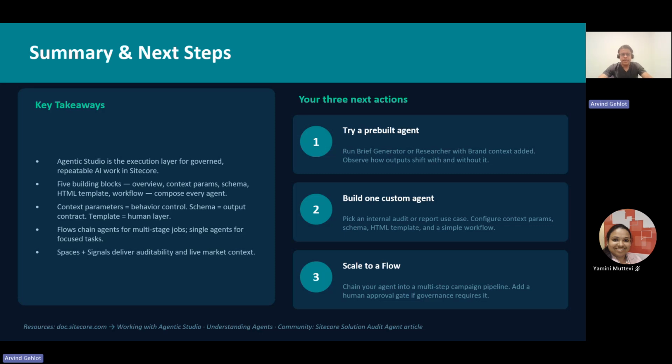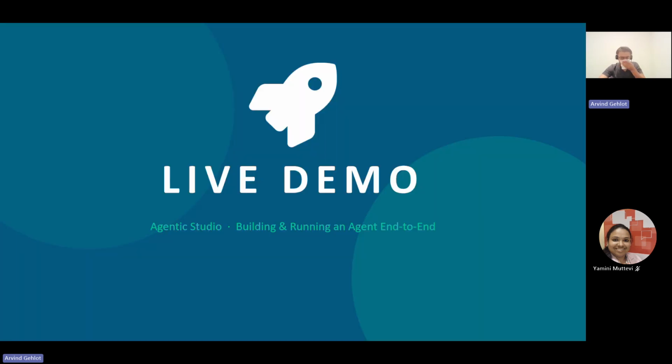Next is the live demo. Now we'll jump into a walkthrough of how we can create an agent. As I mentioned, Sitecore also recommends that we can duplicate an existing agent, but sometimes it might not work.